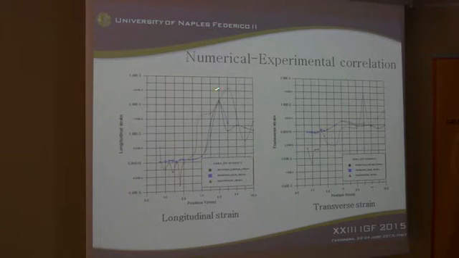We also have a difference between numerical and experimental results in the zone far from the crack tip. In fact, the numerical and experimental results show a compression state in this zone.